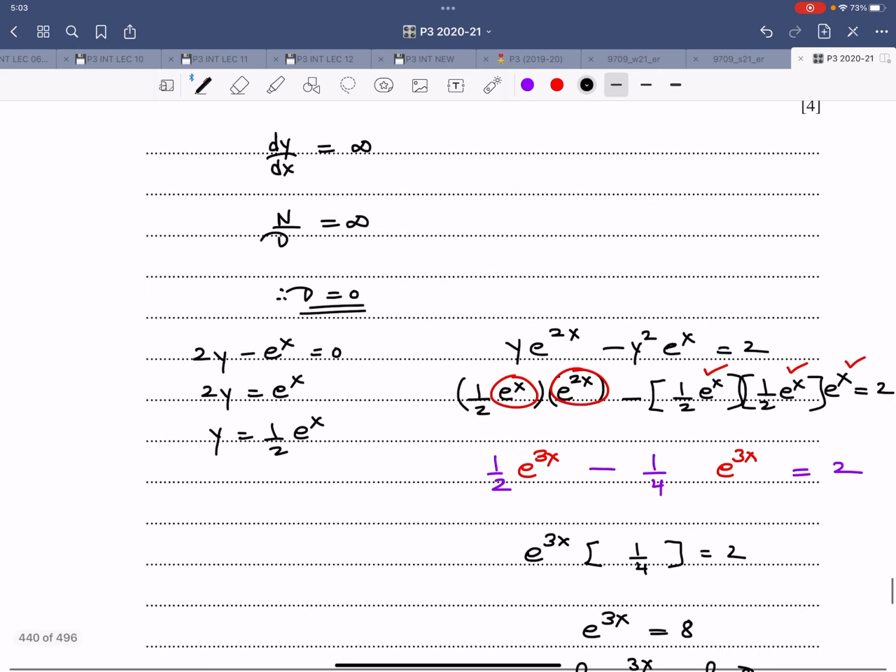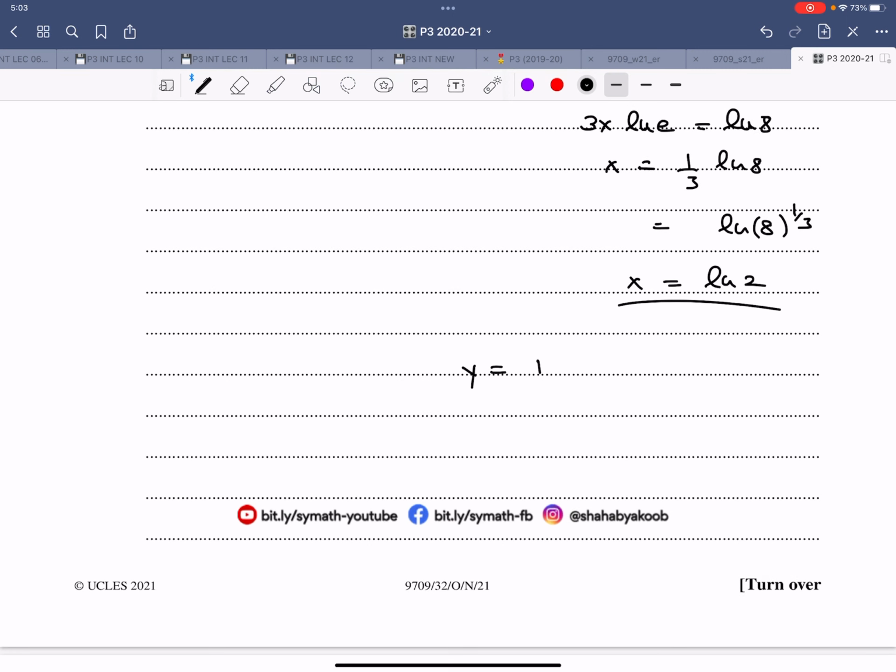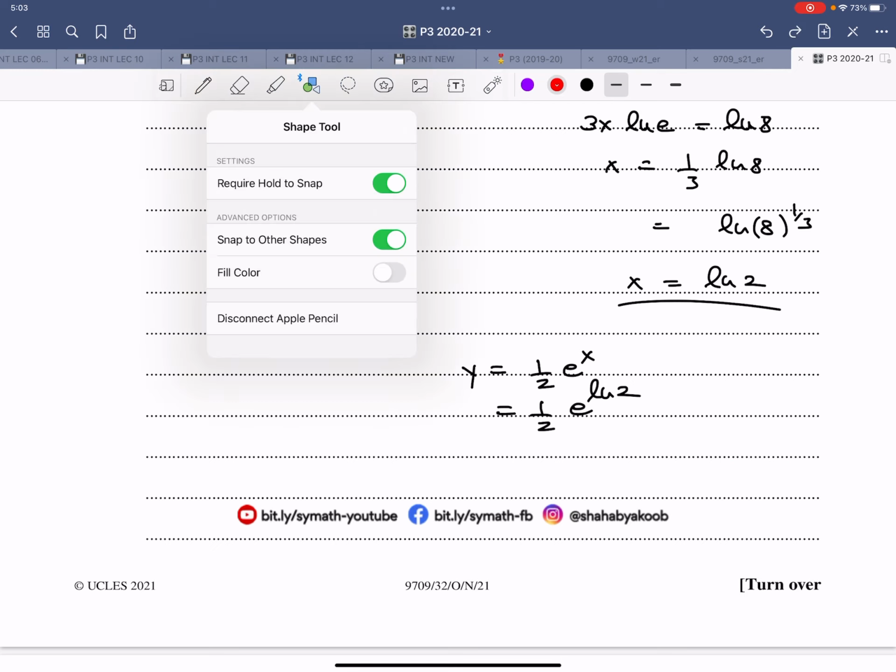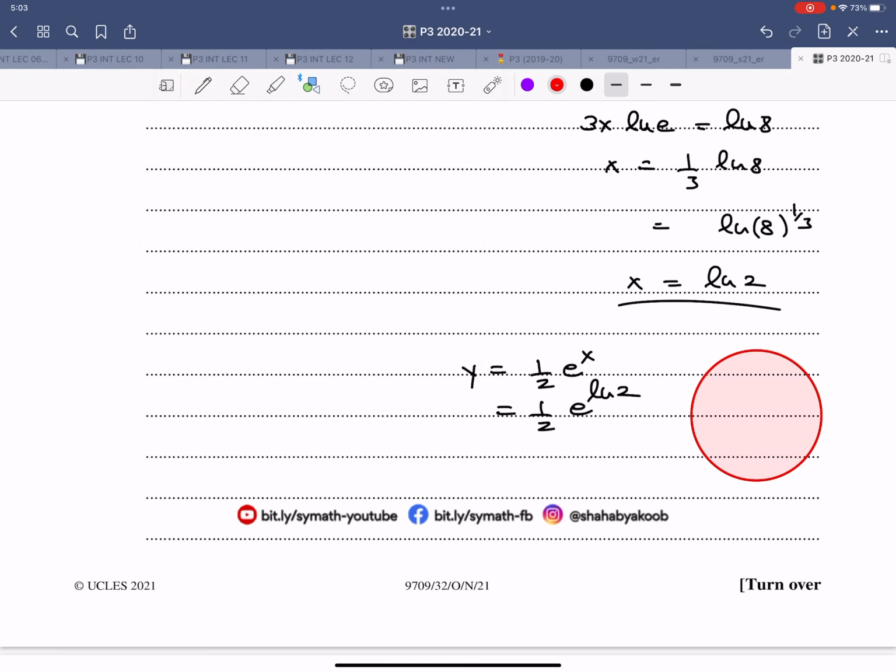They're asking for the coordinates, so y is equal to half e^x, that is half e raised to the power of ln 2. And we know this rule that has come after a long time: e raised to the power of ln x equals x, provided x is greater than 0.